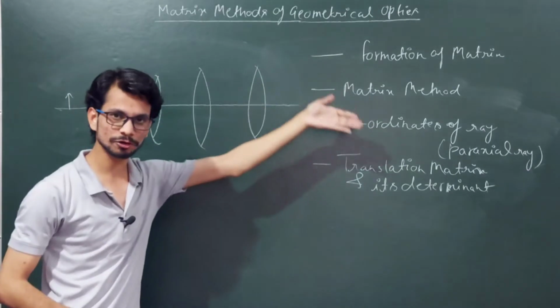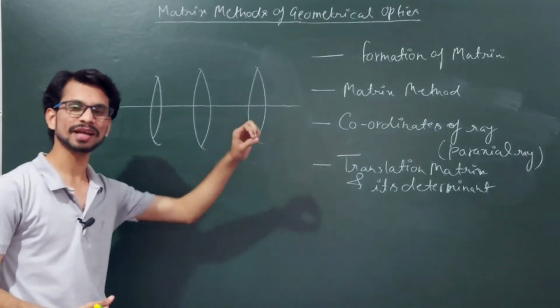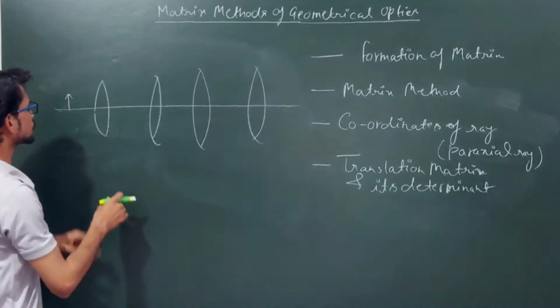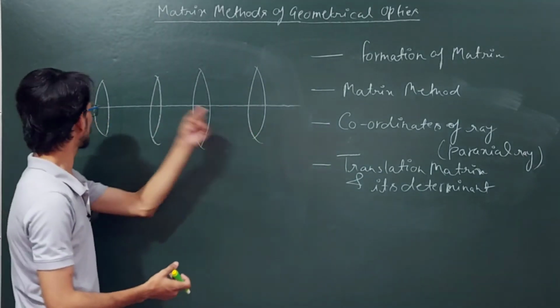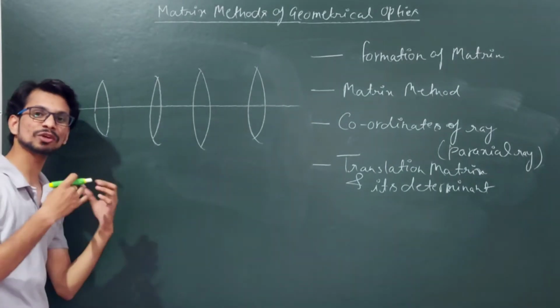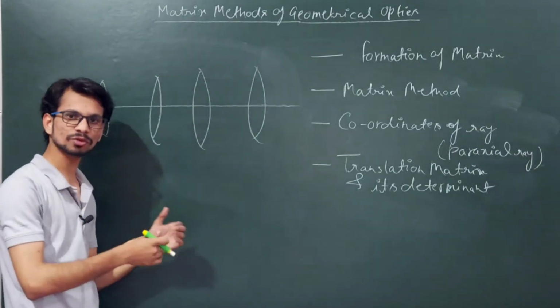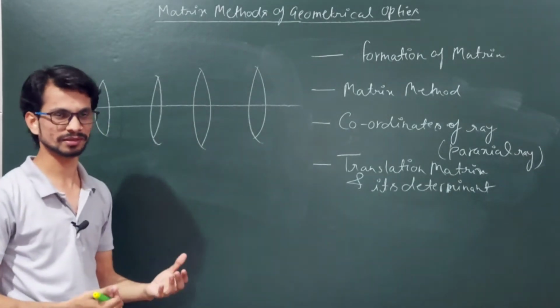There may be a lot more than 4. There may be 50,000 or more of them. So in order to form the final image of this particular object, we have to apply some basic rules of refraction. If they were mirrors, we would use the reflection methods.